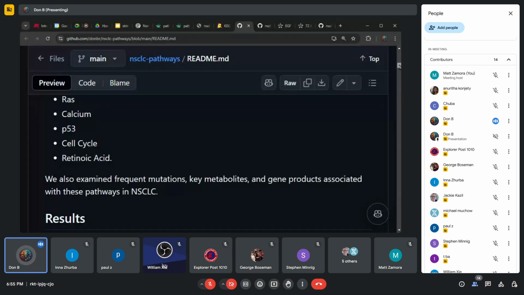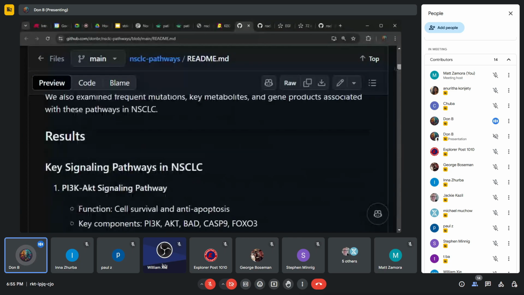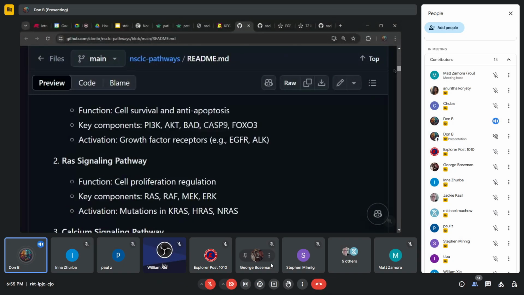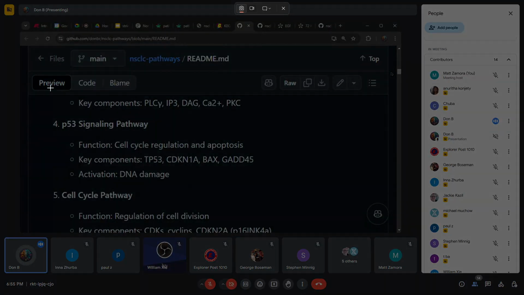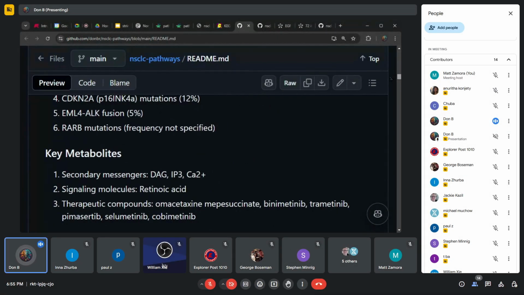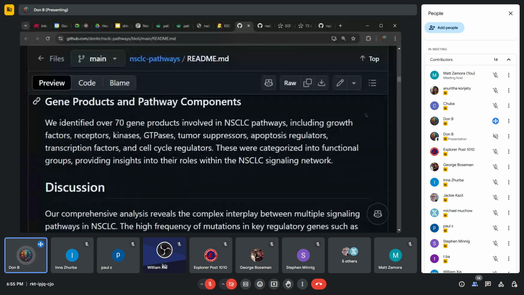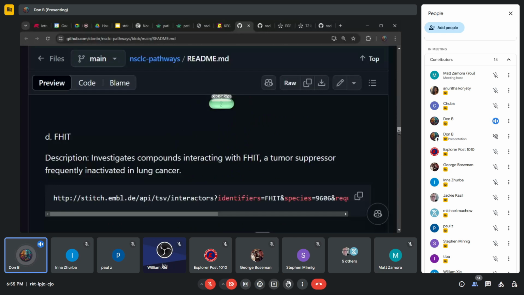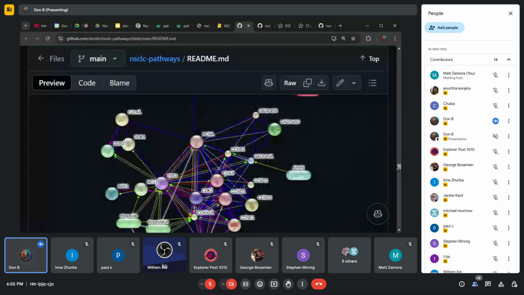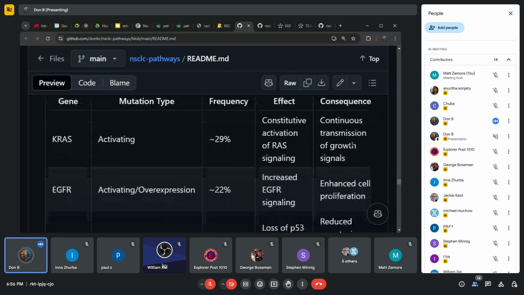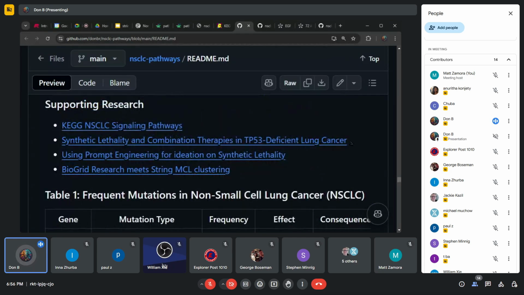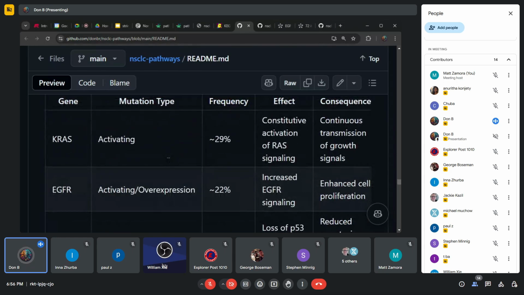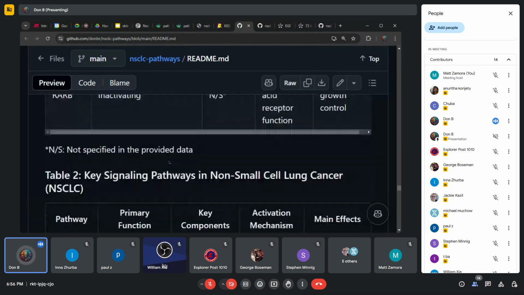Aside from some of the specific queries that I go through, I did go through each of the pathways in the README and key components, and there are also some tables here that I created that I'm not going to go into in detail, but I'll pull them up so you can see them, highlighting the frequent mutations in terms of relative frequency, the effect, the consequence.